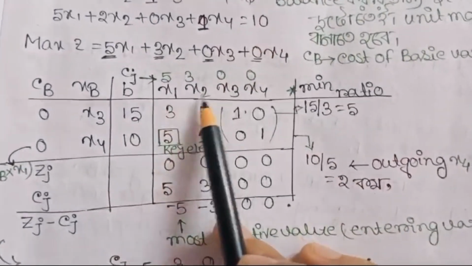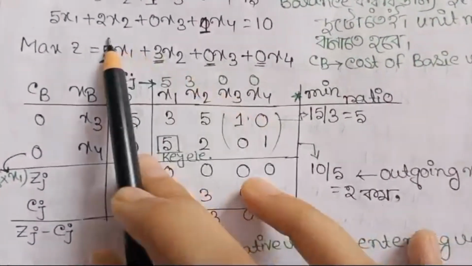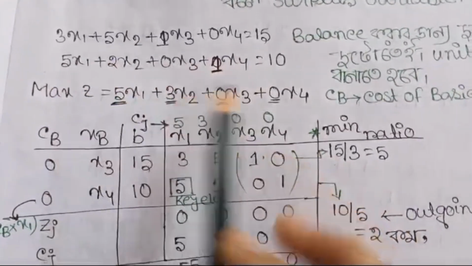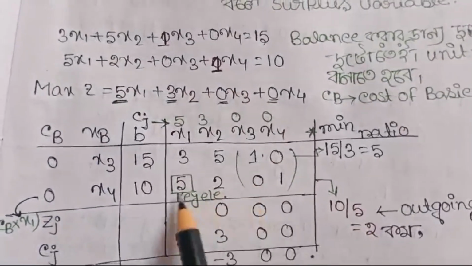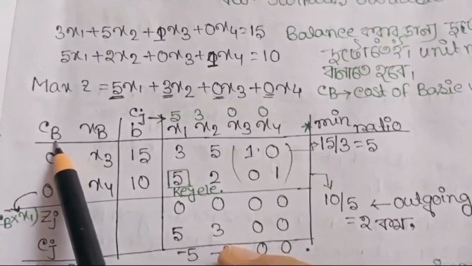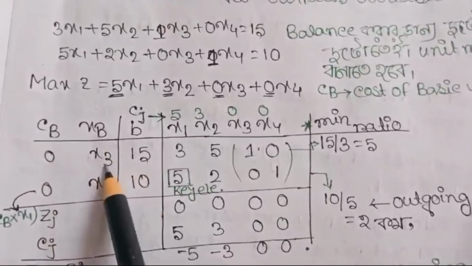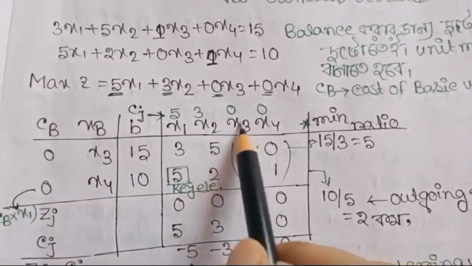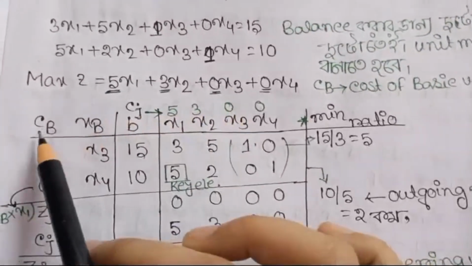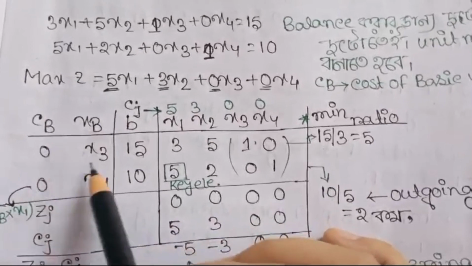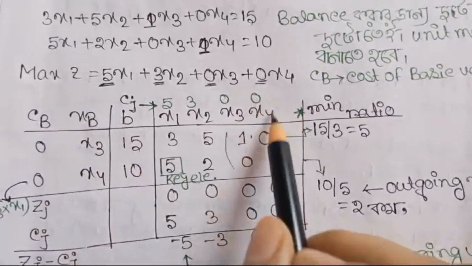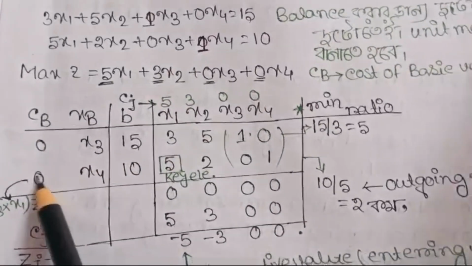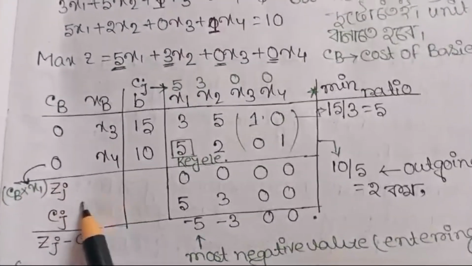In the x1, x2, x3, x4 positions we have written these values accordingly. For x3 the cj value is 0, so the cb value will be 0, and for x4 the cj value is 0, so the cb value will be 0 as well.